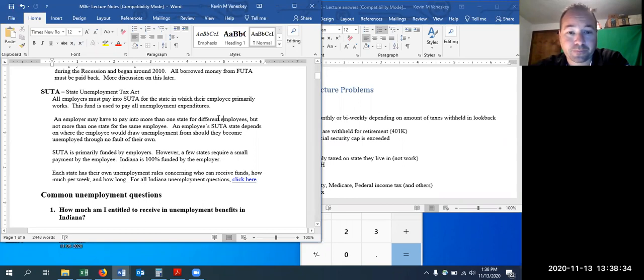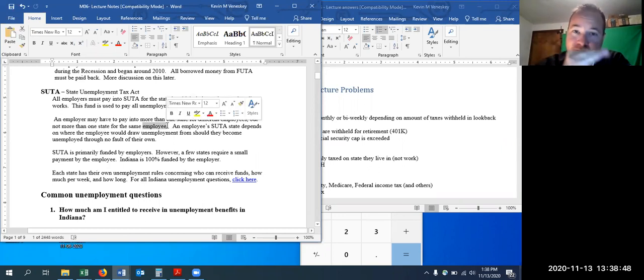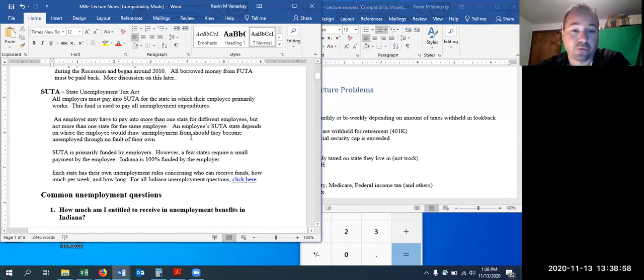So we could pay into different SUTA states, but we'll only pay into one SUTA state per individual employee. Even if that employee jumps around to different states, there's a criteria system that says which state we pick, the one that they're in the most. And we'll see that in a little bit.